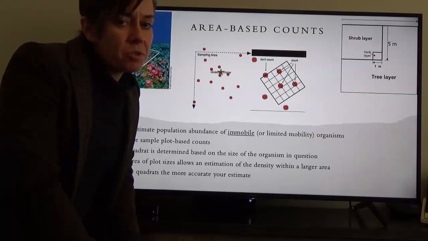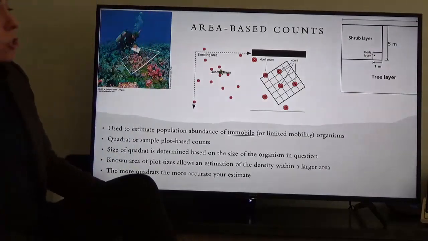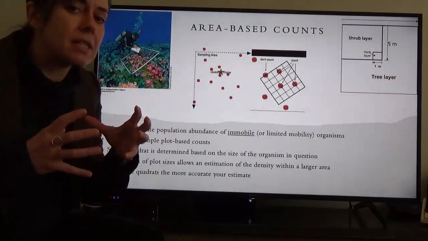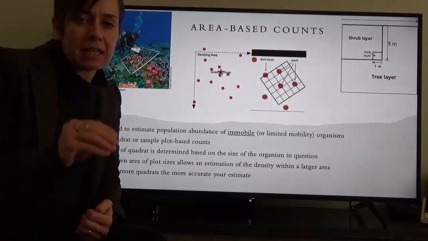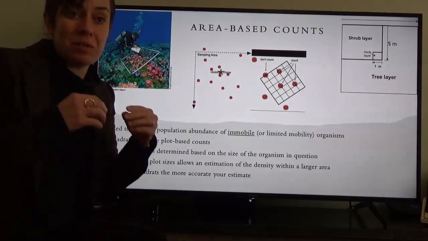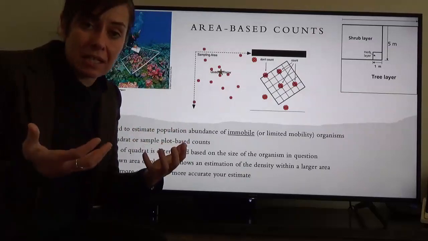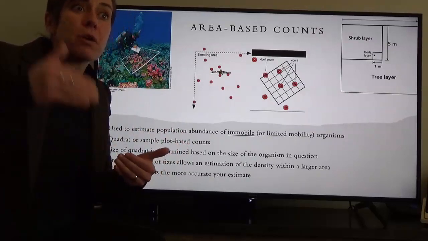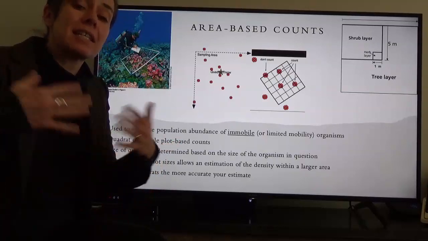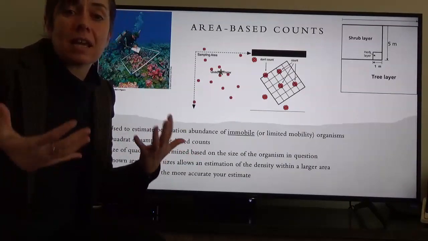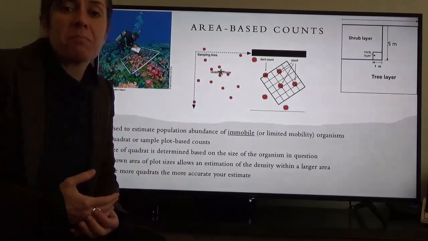And the methods you use to estimate within those are a little bit different, but basically quadrat-based sampling, it's not always the same area that you sample, but you always have to take note of that area because you're counting a number of individuals within an area, and that gives you a density. And then you can do that over and over again in different places in the landscape of interest, and then scale that up to get a landscape level or a number of individuals per hectare type of measure.